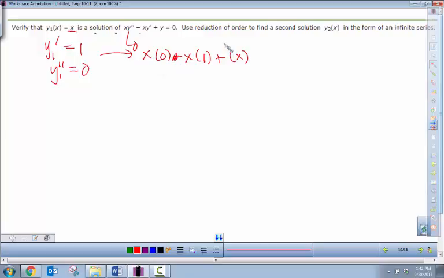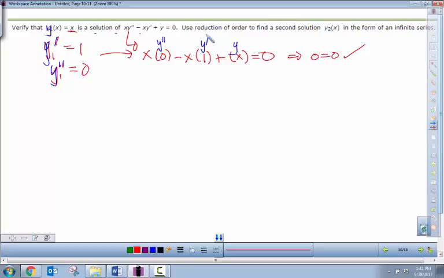This is y double prime, this is y prime, and this is the original y function. And so that does work. So that checks out.